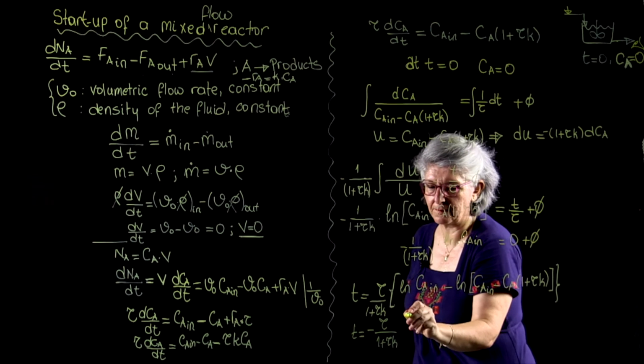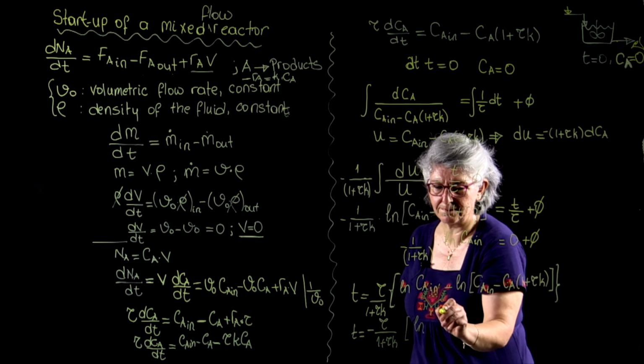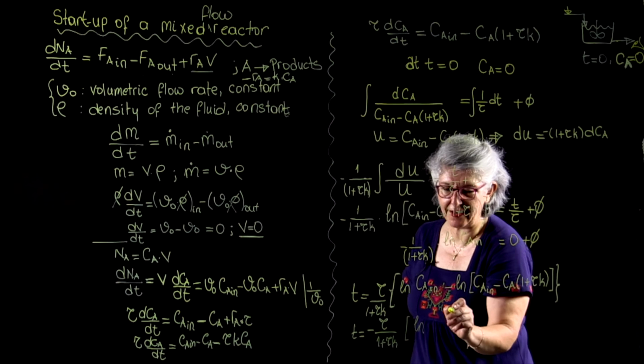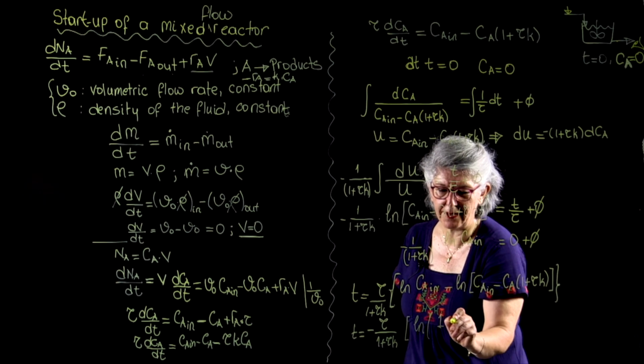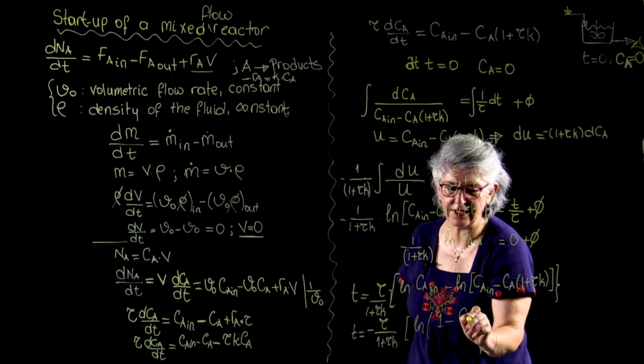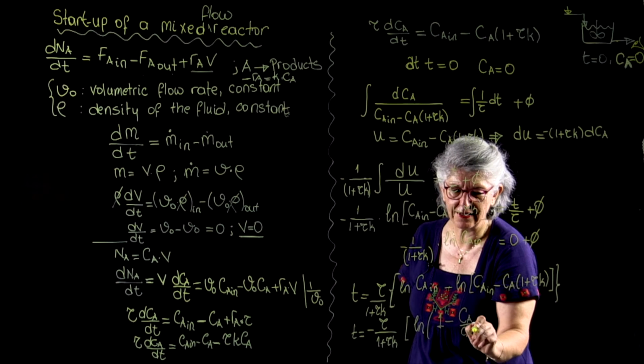times ln Ca in divided by Ca in times 1 minus Ca divided by Ca in.